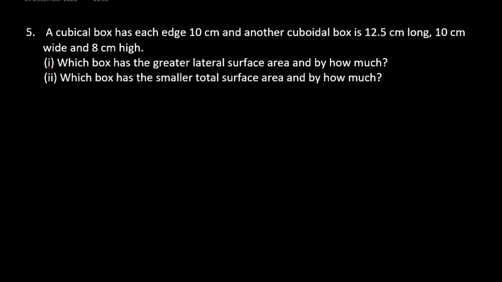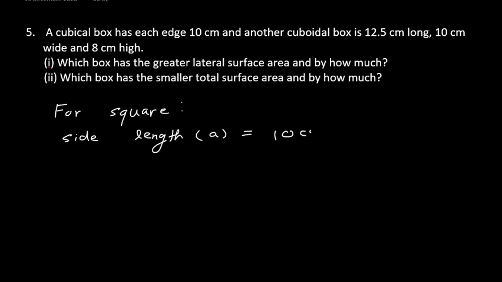Okay, so here I will take first the cube. For the cube I have been given the side length. Let us denote this with A. I have been given side length 10 cm.